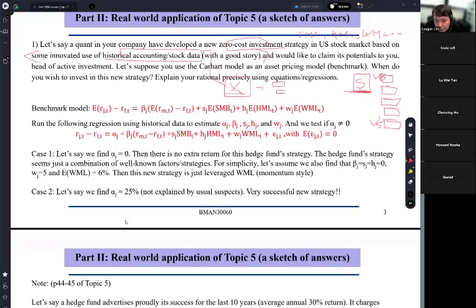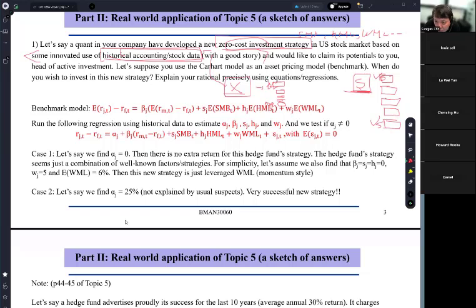You form 5 portfolios, lowest one, highest one, and you buy one group and sell the other group. That's the so-called zero cost investment strategy. That's how you implement a zero cost investment strategy based on some criteria, right?